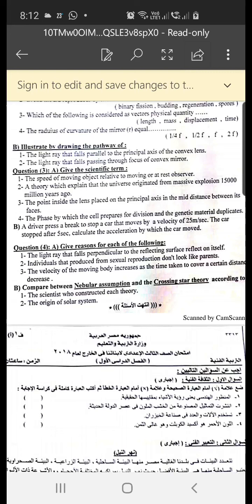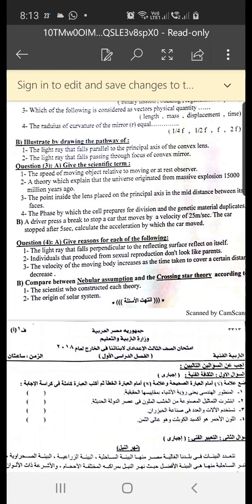Of course, here the car stopped. This means that the final speed equals 0, and the initial speed is 25 meter per second. Acceleration a equals v2 minus v1, the final speed minus the initial speed, divided by delta t. So v2, the final speed, equals 0, minus 25, divided by 5 seconds.